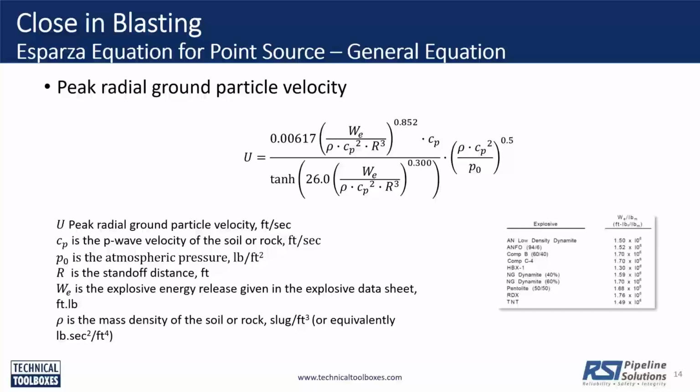So what we have in Esparza's equation are the input parameters, basically. The first input parameter is WE, the amount of energy that's released due to the explosion, the blast event. Other parameters in the equation are the density of the soil or the rock, and CP. C sub P is the P wave velocity in the soil or the rock. This is how fast a wave moves in the rock or soil.